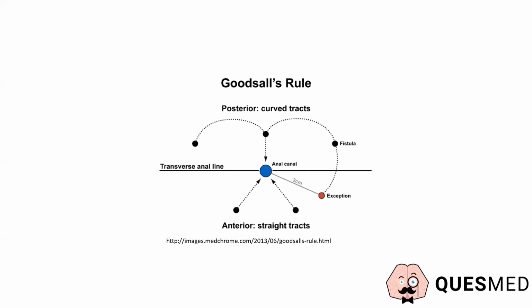You can work out the exact position where your tract is draining if you PR your patient. The only other important thing to note is, although anterior fistula drain in straight tracts, if your anterior fistula has an opening that is more than 3 centimeters away from the rectum, it will actually drain in a curved tract, as would a posterior.